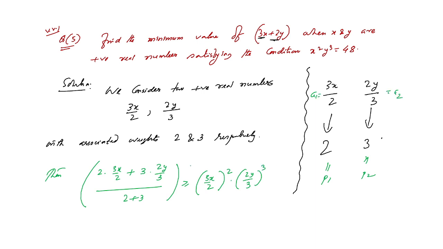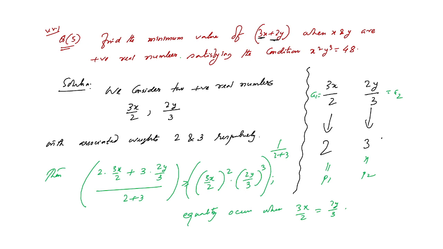So 2y by 3 to the power 3, whole to the power 1 by 2 plus 3. So now equality occurs when A1 equals to A2, when 3x by 2 equals to 2y by 3. Okay, so the 2 cancels out, so that will be 3x plus 2y by 5.